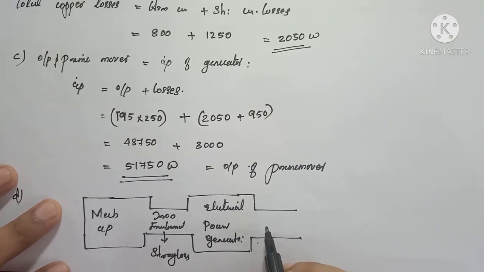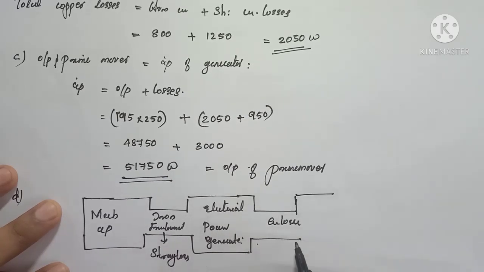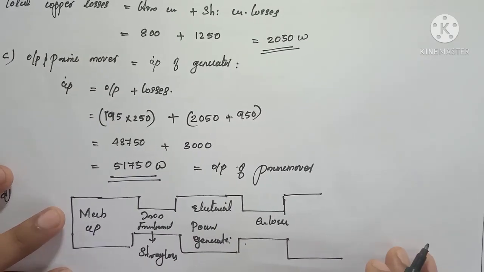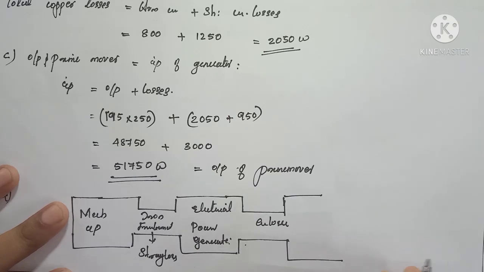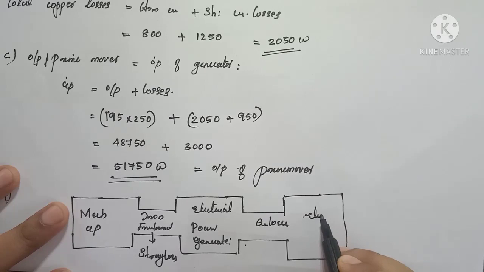And some losses will occur here, that is copper losses. Copper losses occur in the armature windings, and also in the field windings, armature and field windings. After this we will get the electrical power output.